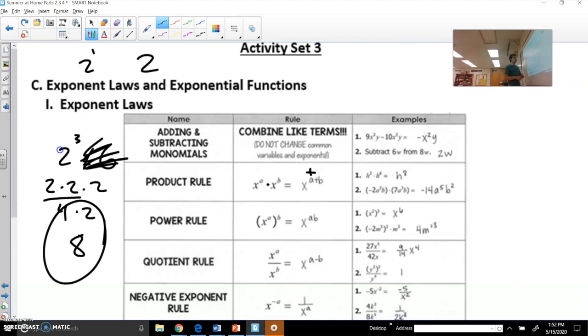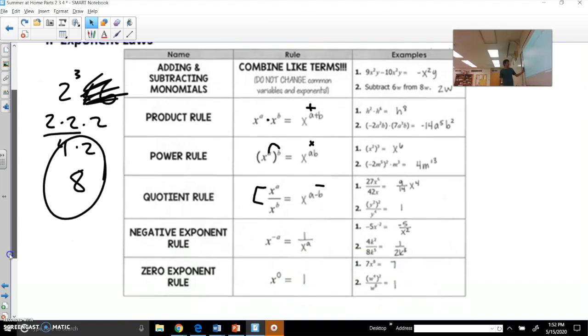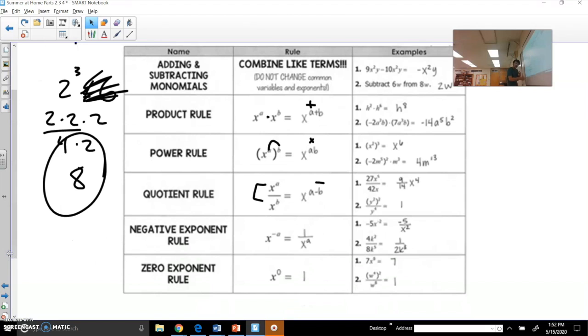Or anytime you are putting an exponent on another exponent, that's when you should multiply. Or if you find yourselves dividing variables, x divided by x, that's when you should subtract their powers. And if exponents really mean how many times you multiply, when they're negative, it really means how many times you're going to divide by that value.